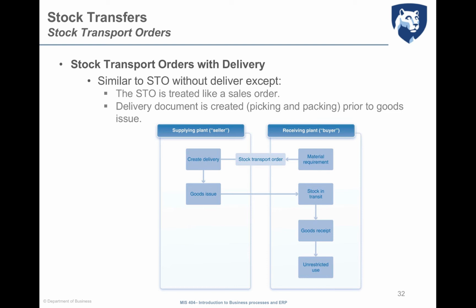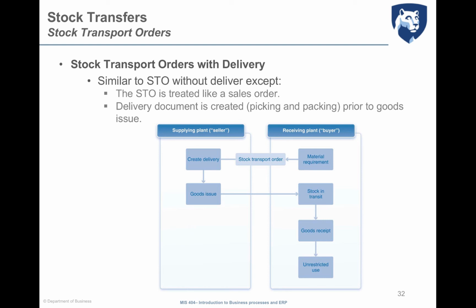So when a company uses a stock transport order with the delivery scenario, the sending plant will first create a delivery document prior to the goods issue. And these documents will be needed to pick, pack, and ship the materials to the customer, because in this case the delivery activity is up to the supplier.